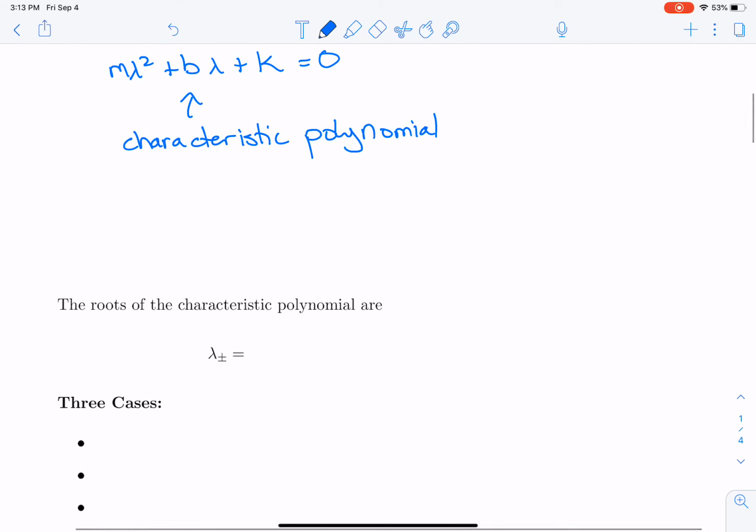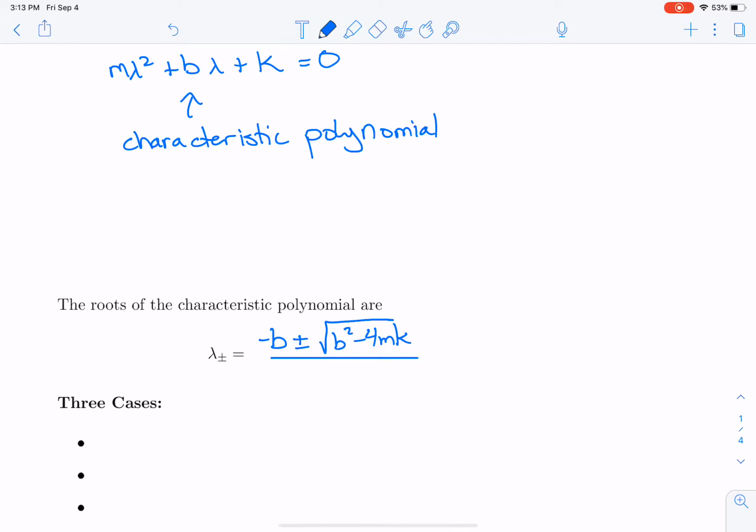The equation is m lambda squared plus b lambda plus k equals 0. So we can use the quadratic formula to say that lambda is equal to minus b plus or minus the square root of b squared minus 4mk all over 2m.